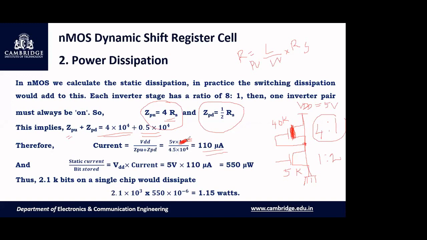Understood, no? And then the static power per bit is VDD into current.